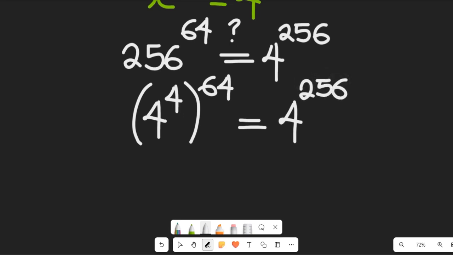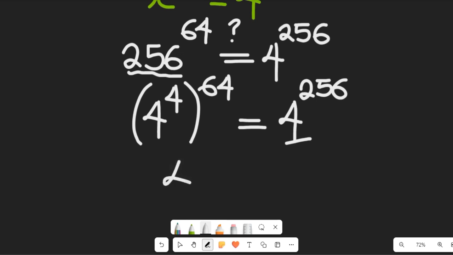Now, the reason why I did that is because I have a base 4 here, and I need to express this such that I'll have a base of 4. 4 times 4 is 16, then 16 times 4 will give us 64, and then 64 times 4 is going to give us 256. So if we look at that expression, we'll find out that it's the same. 4 times 64 is going to give us 256.